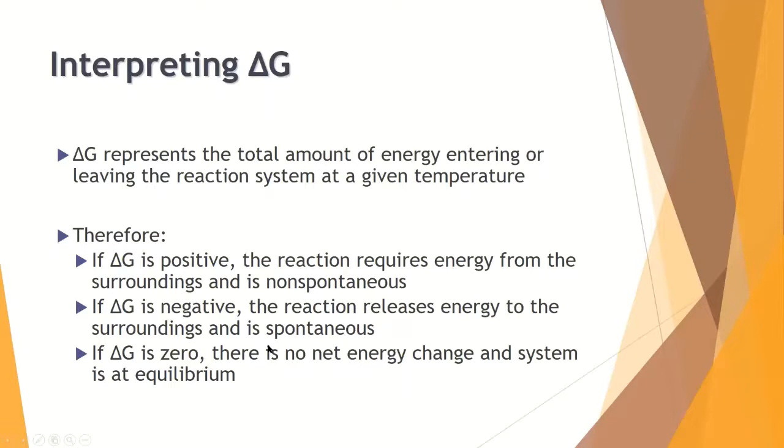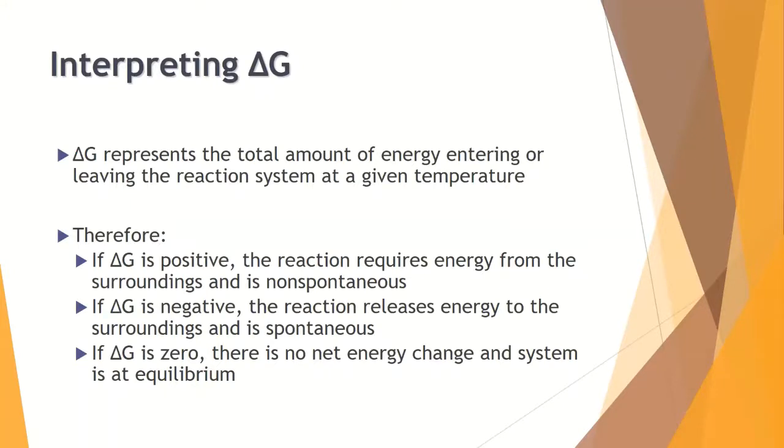Since we are now looking at the total amount of energy, now we can evaluate positive and negative and use it to determine spontaneity completely, not partially like enthalpy or partially like entropy, but wholly and completely. If the free energy is positive, that means that net energy is flowing into the system. That is non-spontaneous.